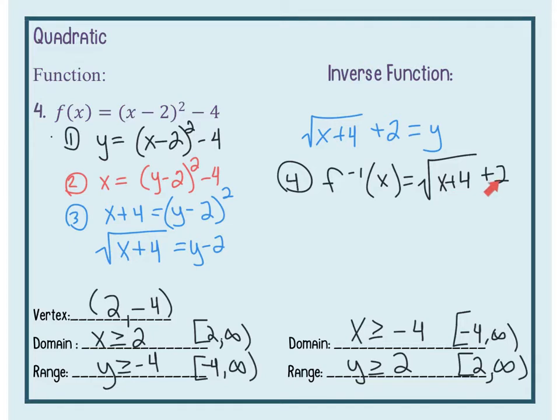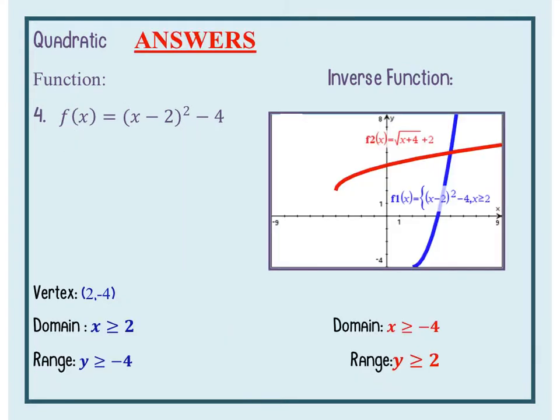H and K. That's my domain and my range. Okay? So domain and range is H and K. I wrote y, switched them, added 4, took the square root, and I added 2, but it had to go after the square root. Okay, so hopefully this helped with the understanding of what a domain restriction is.